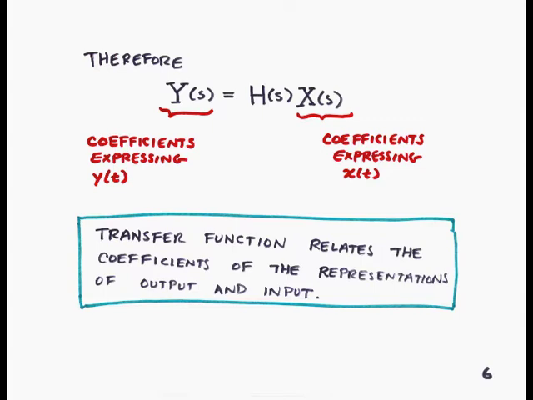And it's from this and the idea of superposition that the Laplace transform gets its essential power, because it allows us to transform to the frequency domain, find the coefficients, and then relate the coefficients in the frequency domain between inputs and outputs by multiplication.